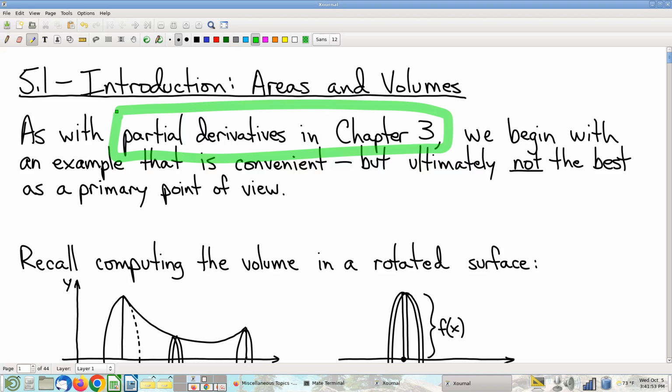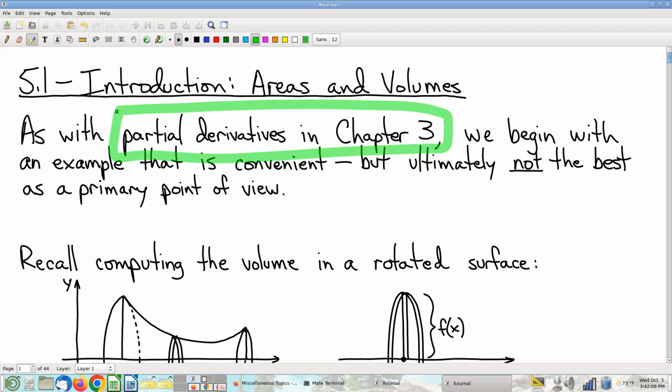But what I don't want you to do, you've heard me say this before, is think of partial derivatives as being fundamentally what a derivative is. Right? Because that's really a pretty shallow point of view on derivatives.